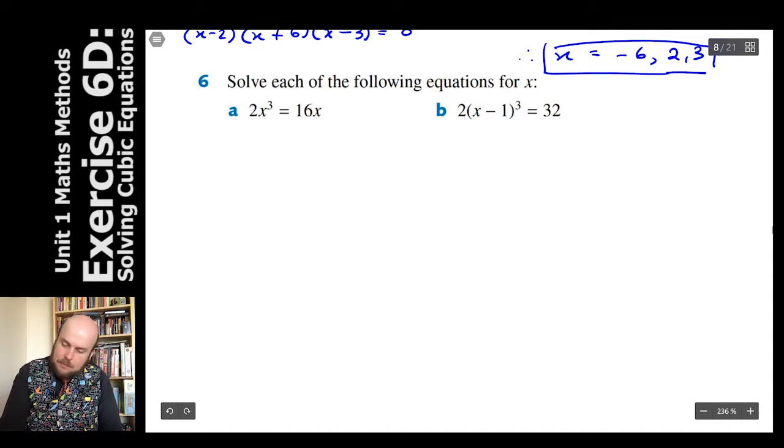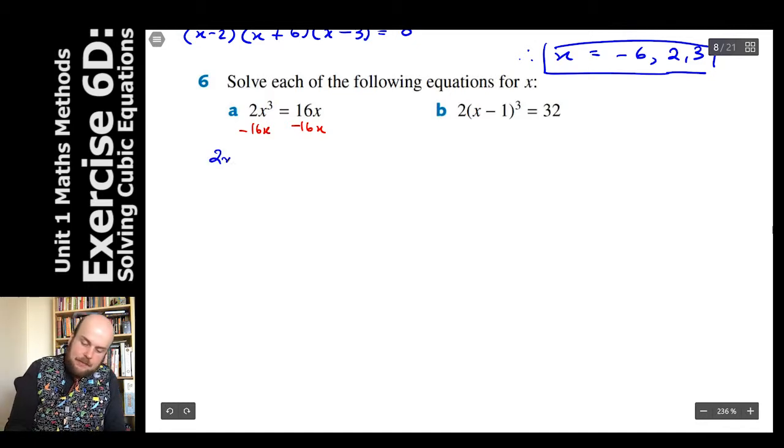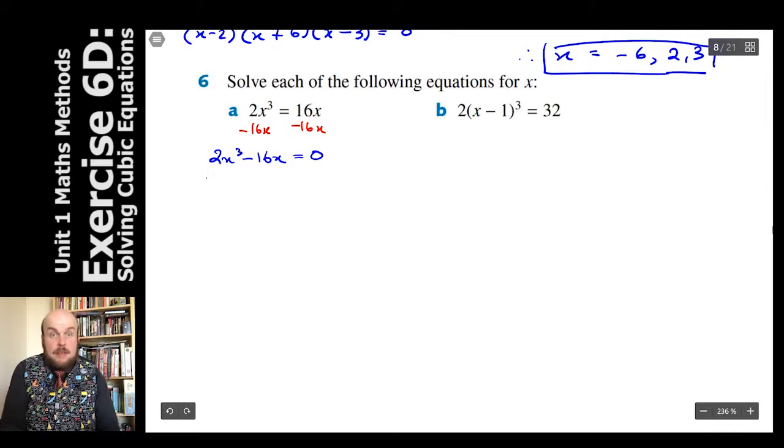So I'm going to minus 16x on both sides, and I get 2x cubed minus 16x is equal to 0. And then I can take a common factor out of x here. So x is 2x squared minus 16.